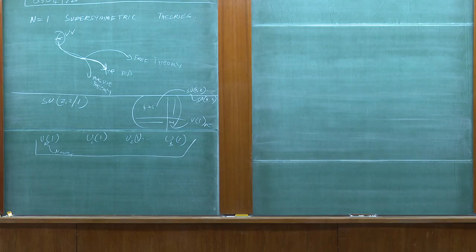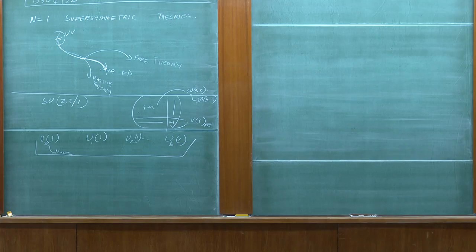Each of these symmetries in general is anomalous, but there is one equation, one constraint, such that the right-hand side of the anomaly vanishes. So here we have a total of S plus 1 different symmetries, one equation.